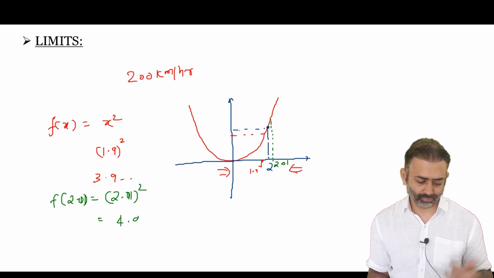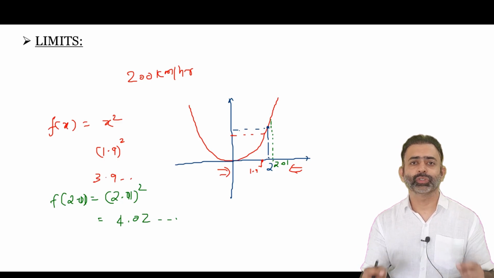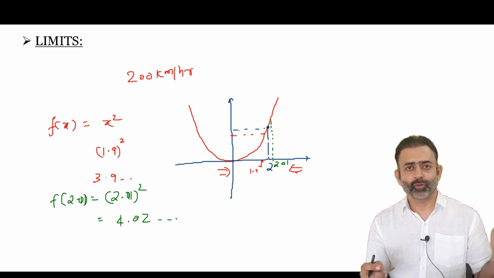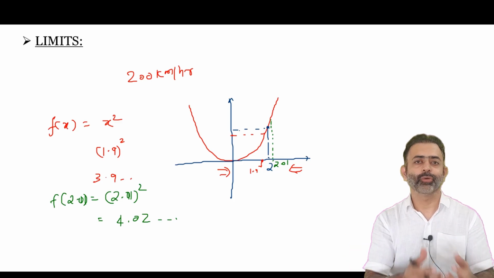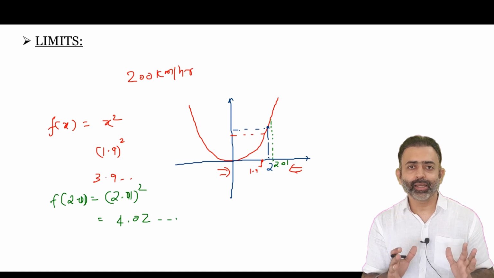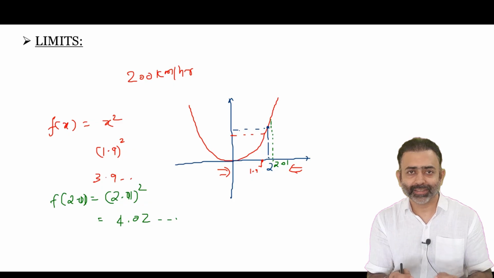So 4 point something. The point is, as we move closer and closer to point 2, from the left or from the right, I am moving closer to 4. So mathematically, I will say that the limiting value of the function as x approaches 2 is 4.